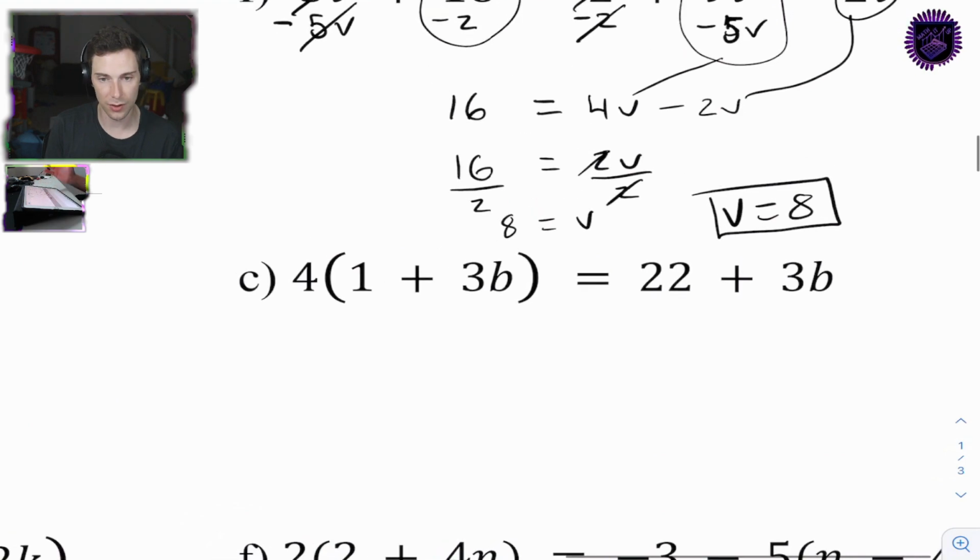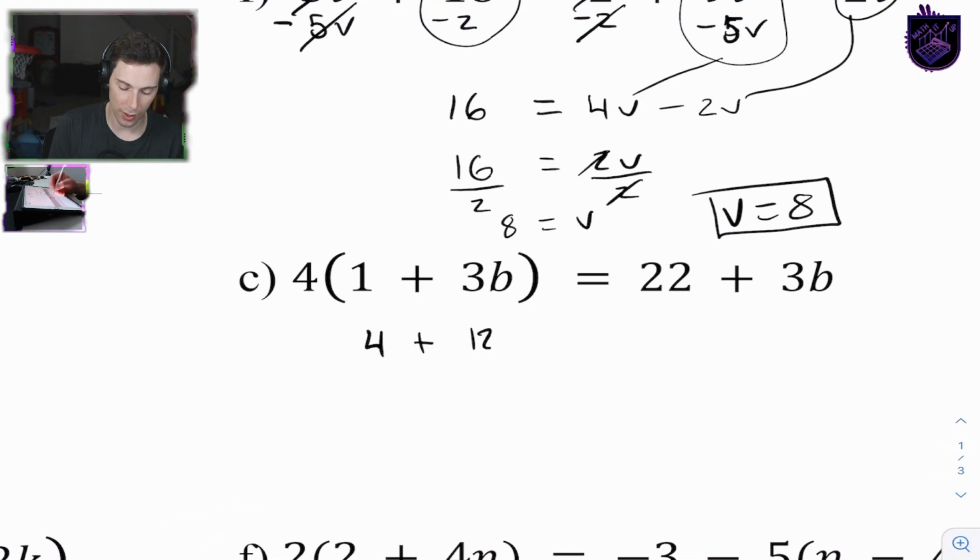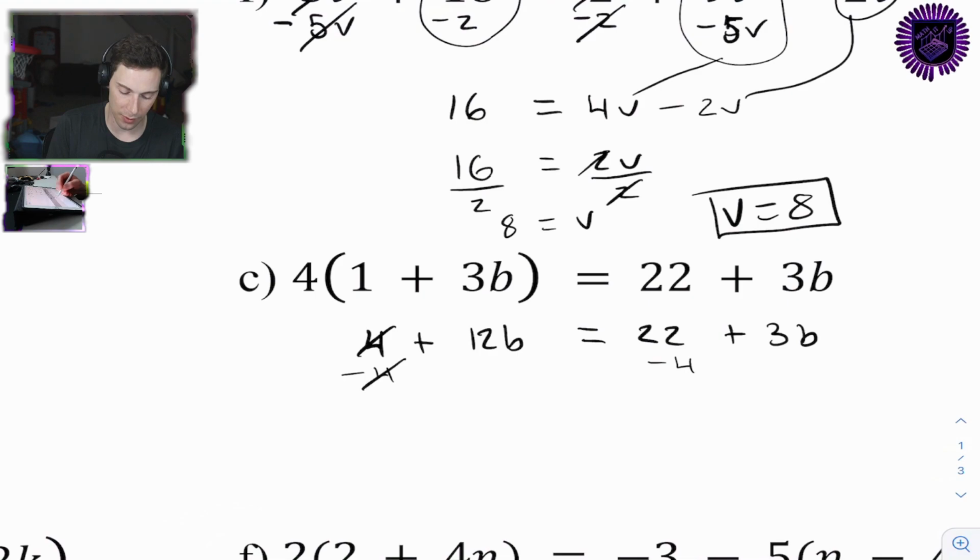All right, so distribution, then variables on both sides of the equation here. So let's first distribute. 4 plus 12b is equal to 22 plus 3b. So we're going to subtract 4 from this side and subtract 4 from this side. That's going to cancel out there and leave us with this on that side.